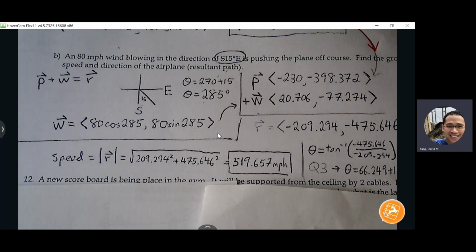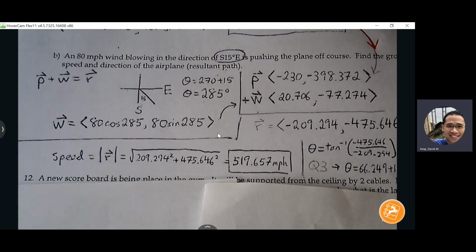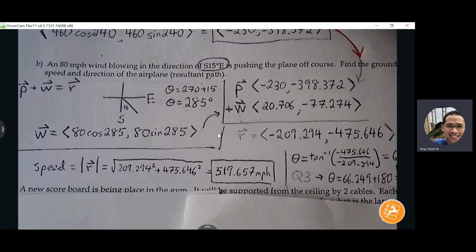That's from part A. Yeah, so we're gonna drag that part A down.